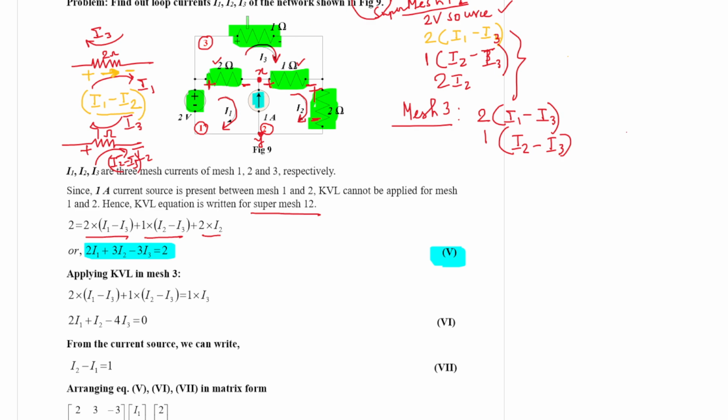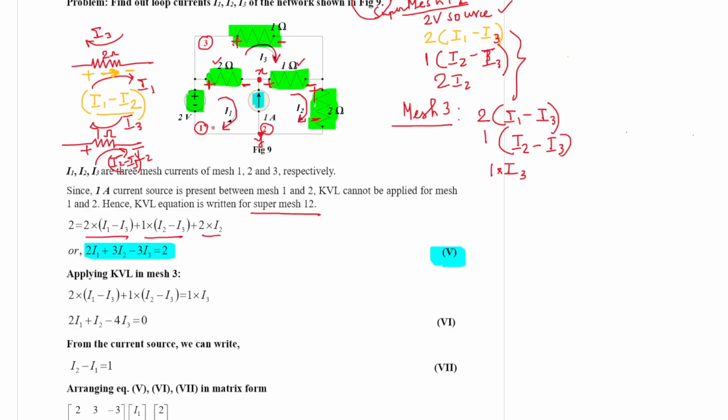Now for this 1 ohm resistor in mesh 3, the polarity is assumed this way, plus on the left side, minus on the right side. So I3 is flowing from left to right in a clockwise fashion, and the potential drop across the 1 ohm resistance is only 1 into I3.